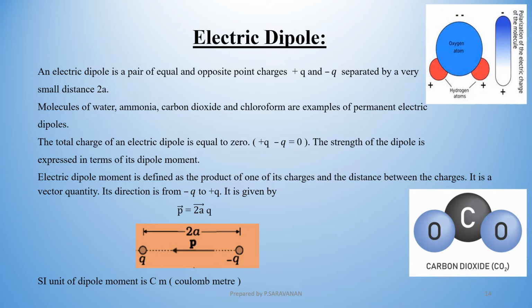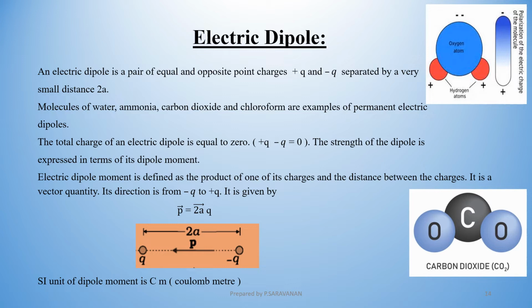Also, the strength of any dipole is expressed in terms of its dipole moment. Electric dipole moment is defined as the product of one of its charges and the distance between the charges. The dipole moment is a vector quantity and its direction is from minus q to plus q.